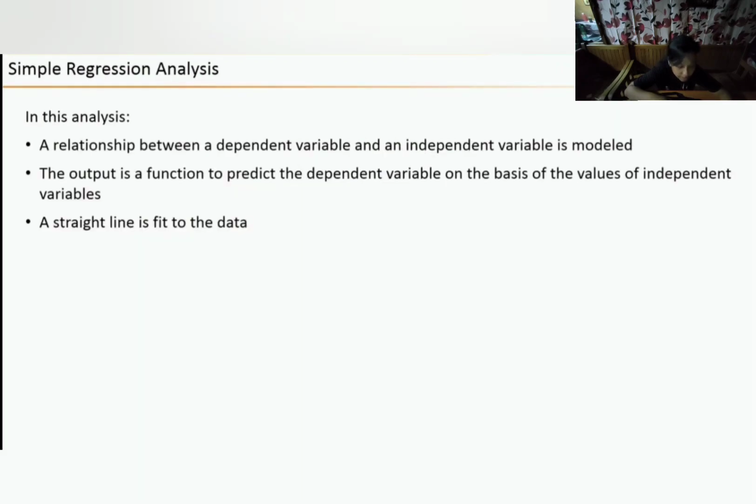In simple linear regression, the predictions of the explained variable y, as a function of the explanatory variable x, form a straight line. The best fitting line is called the regression line. The output is a function to predict the dependent variable on the basis of the values of independent variables. The dependent variable is continuous and the independent variable can be continuous or discrete.